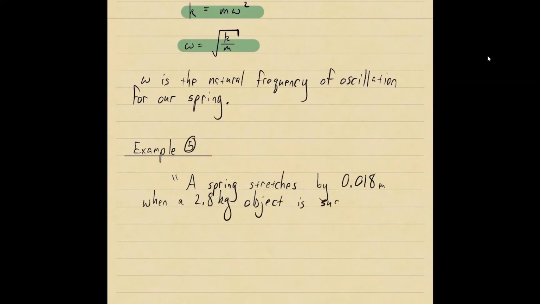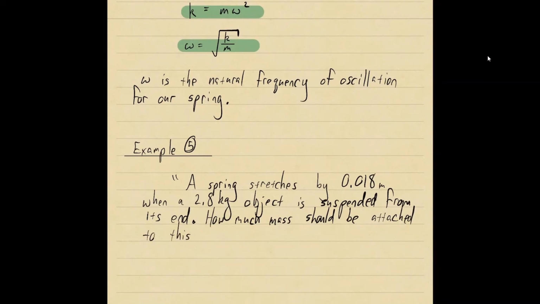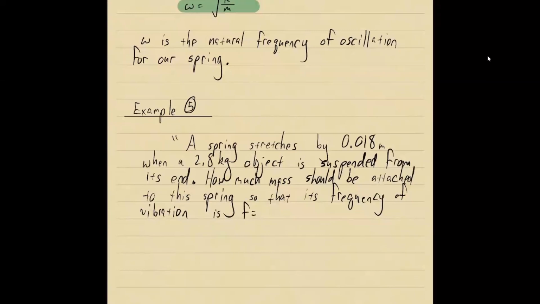So this is a vertical spring. How much mass should be attached to this spring so that its frequency of vibration is 3 hertz?